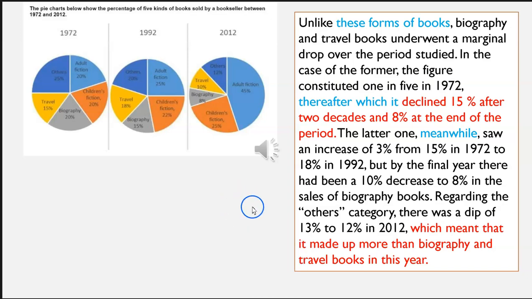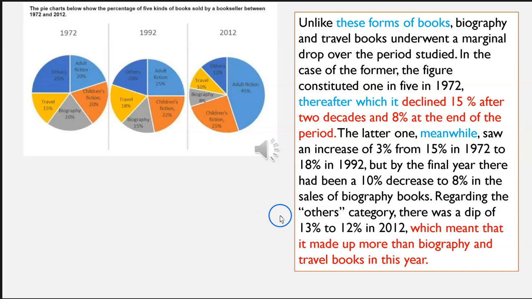The latter one, meanwhile, saw an increase of 3% from 15% in 1972 to 18% in 1992, but by the final year there had been a 10% decrease to 8% in the sales of biography books. Regarding the others category, there was a dip of 13% to 12% in 2012, which meant that it made up more than biography and travel books in this year.